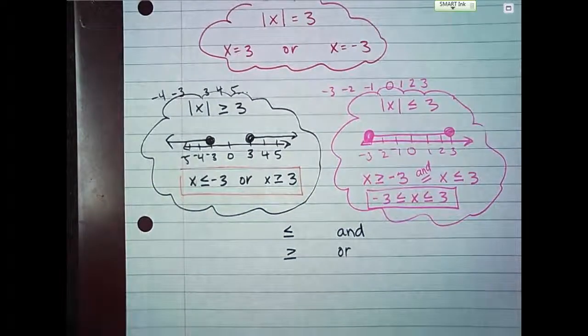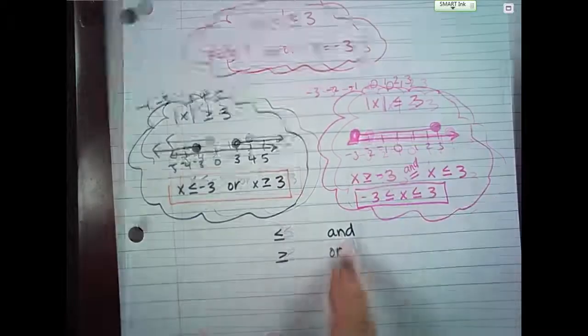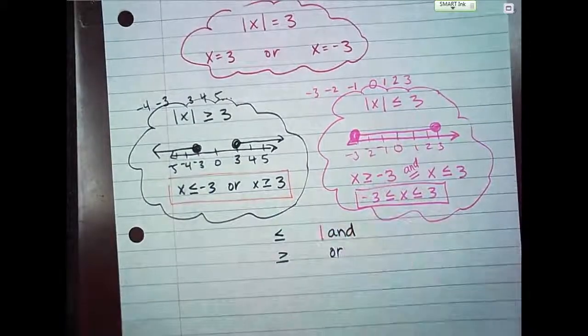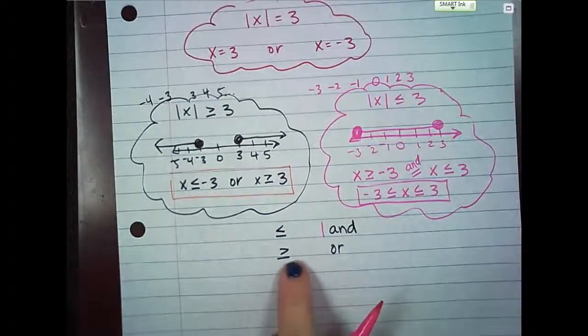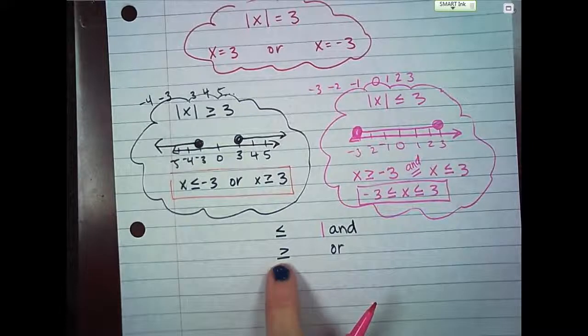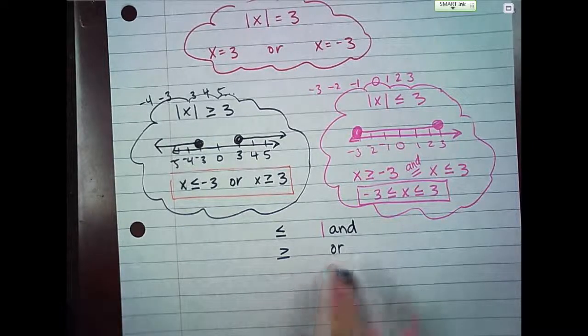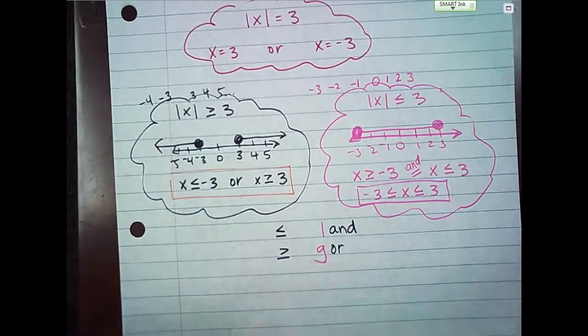Alright, so this is what they told me to remember. Since the less than is an and, we'll call it land, right? And you'll get used to it really quick. Less than and land. Now this one's kind of cheesy too, but this is a greater than, right? So we're going to use greater than and or, which makes gore. So we have land and gore. Land and gore. Less than is and, greater than or, land and gore.